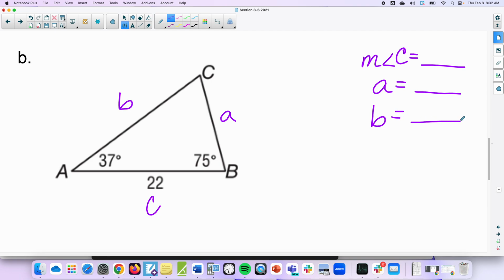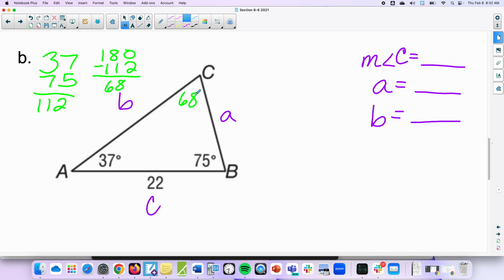Now, to get started with this one, I have to find angle C first, because to do law of sines, you need an angle and its opposite side. So to find angle C, what I would do is I would add 37 plus 75, which is 112, and I would subtract that from 180, which is 68.